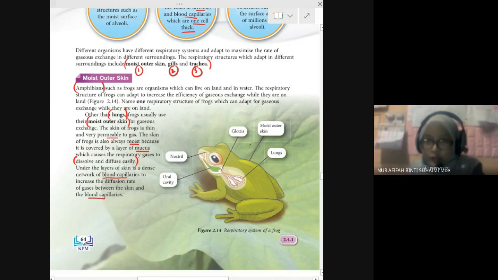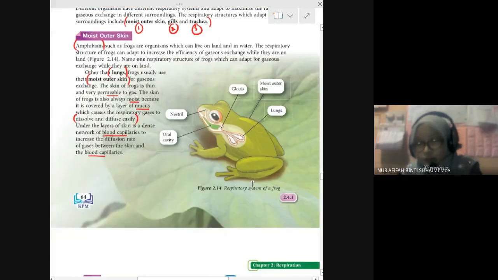And then the other one is moist outer skin. And below the skin, there are a lot of blood capillaries for the process of diffusion or exchange of gases between the skin and the blood capillary.